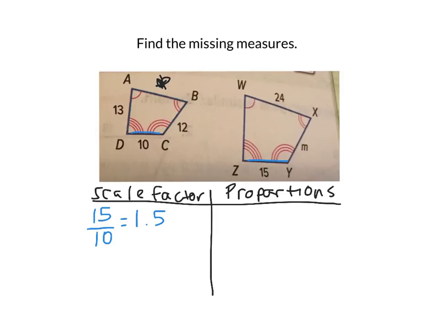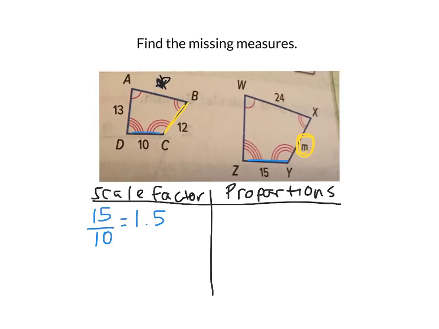So if I'm looking to find the measurement of side M here, I can do that by using the corresponding side in my A, B, C, D. So here's my corresponding side to this M measurement that I'm looking at, 12.